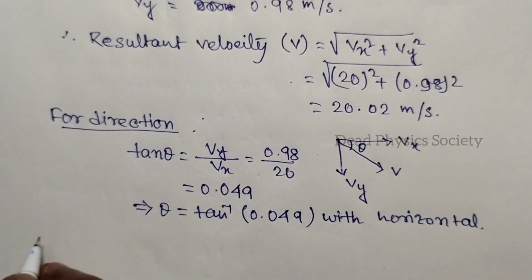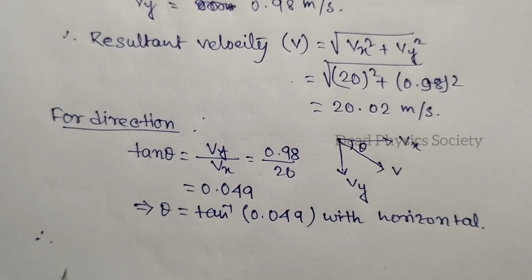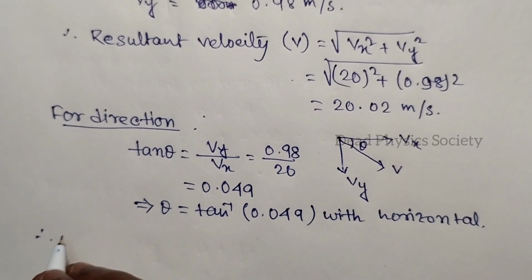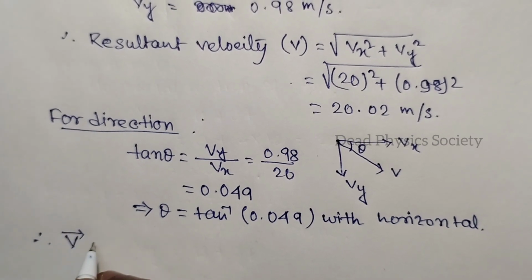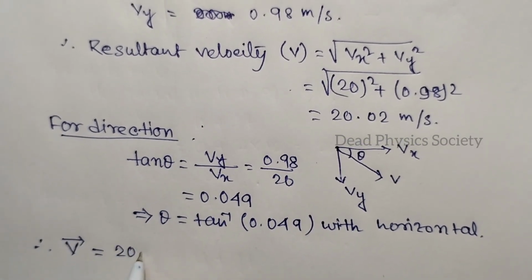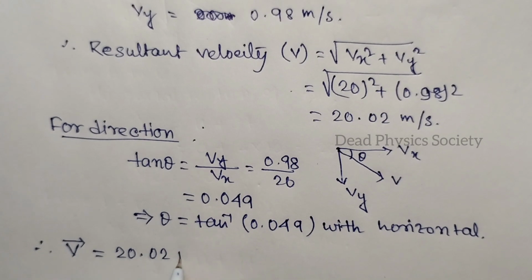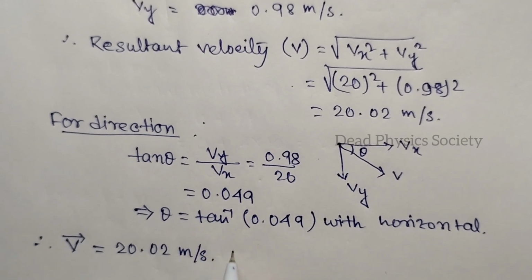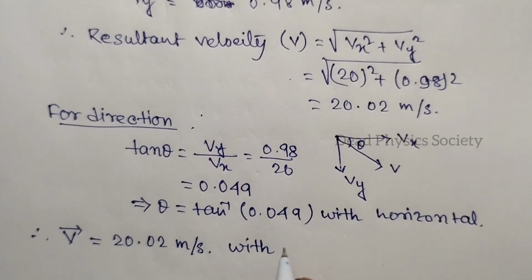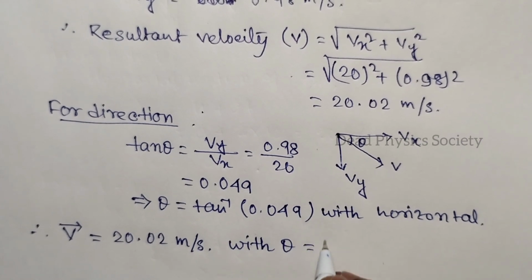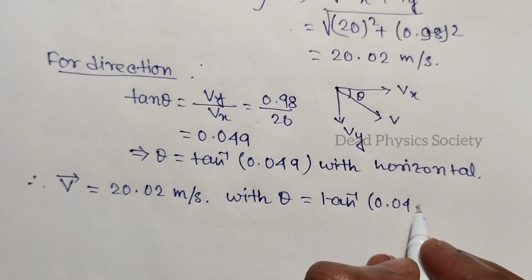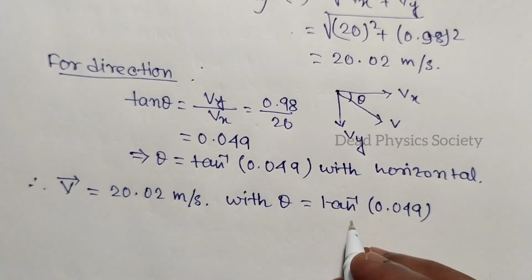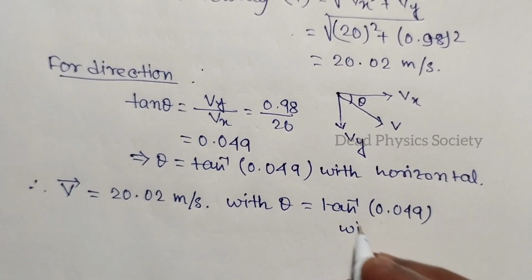So velocity of the stone at 10.1 second, V vector, is equal to 20.02 meter per second with an angle theta equals to tan inverse 0.049 with horizontal.